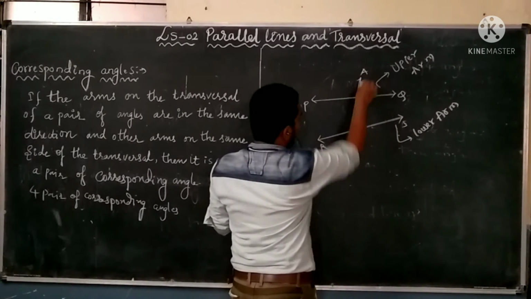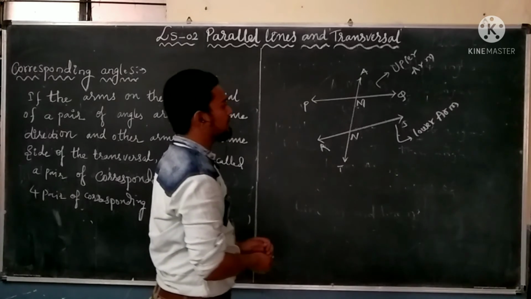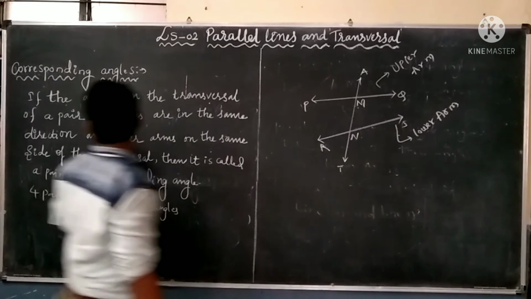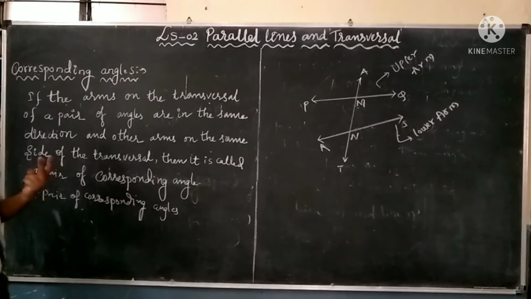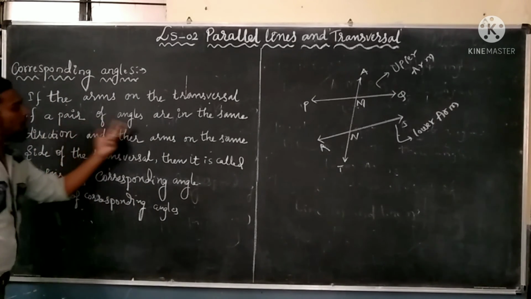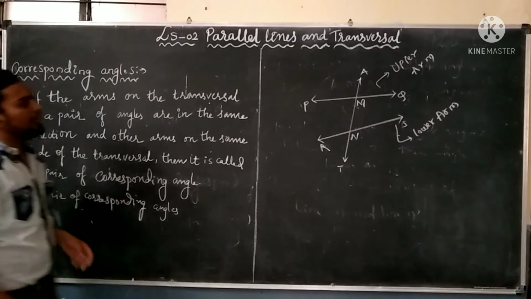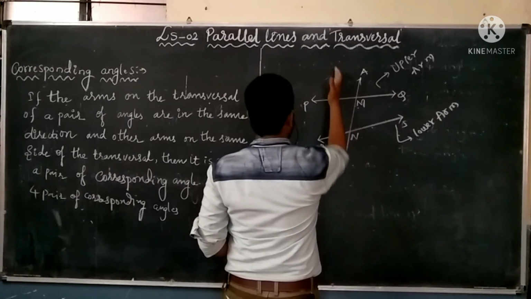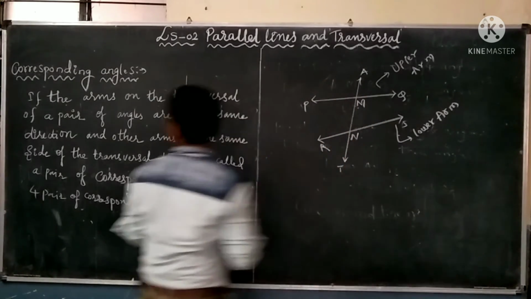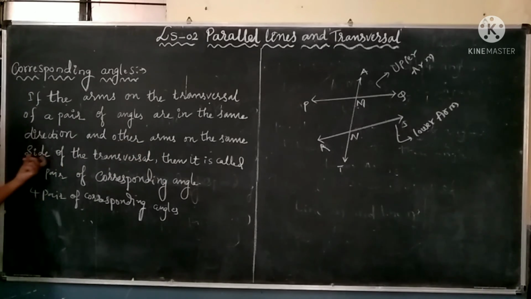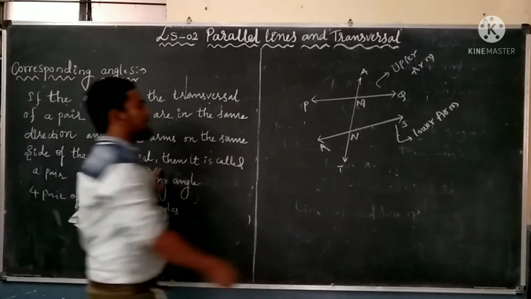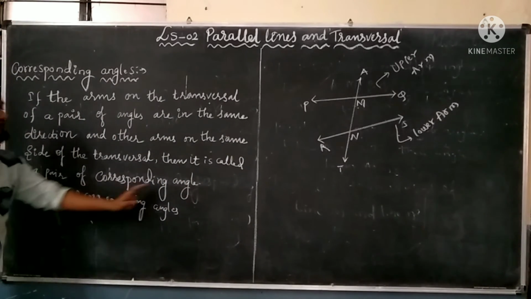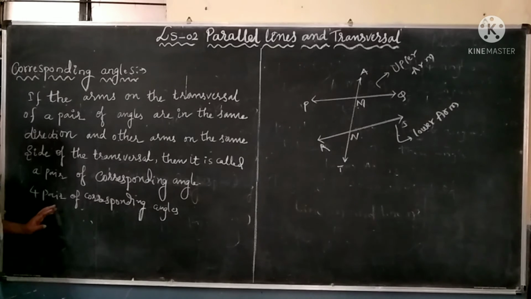The transversal line AD is the transversal line, with distinct points M and N. If a pair of angles are in the same direction, that means upper arm, lower arm, this is one direction, this is another direction, and the other arms are on the side of the transversal, then it is called a pair of corresponding angles.